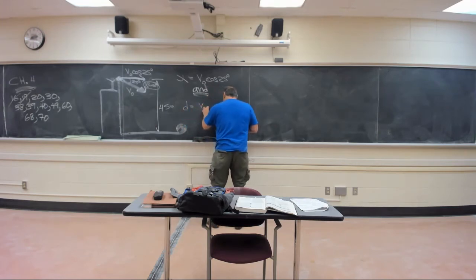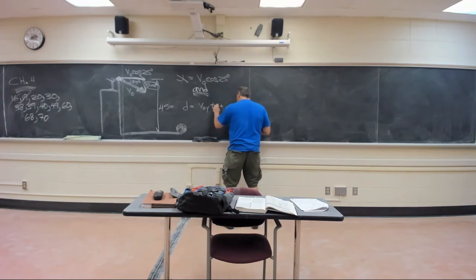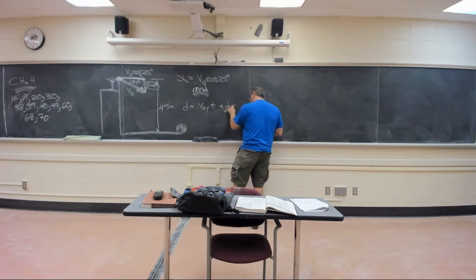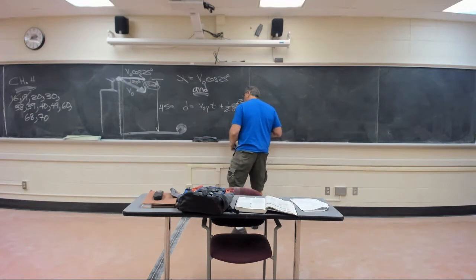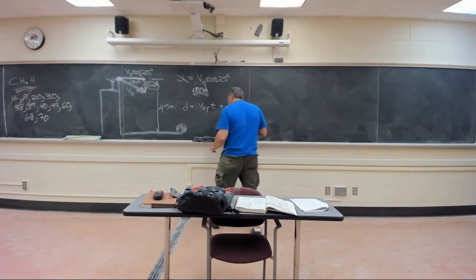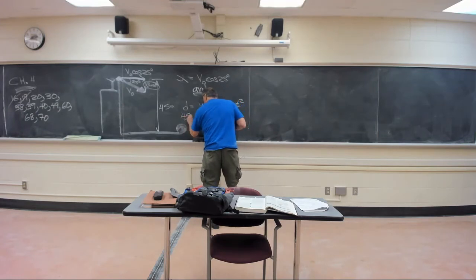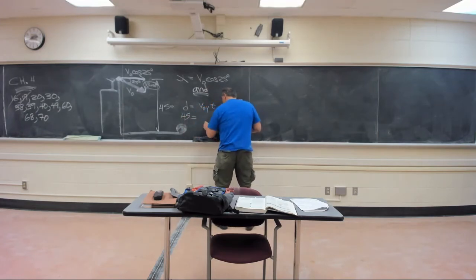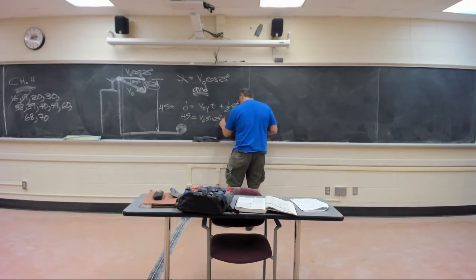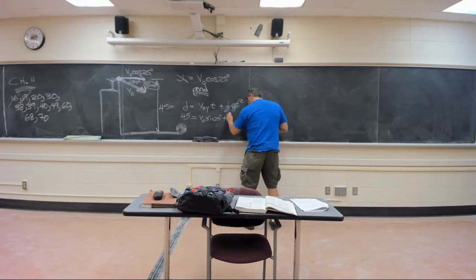There's v0y t plus 1/2 g t squared. Remember now, it's going down. It's falling down. This is 45. This is v0 sine 25 degrees. This is a half.